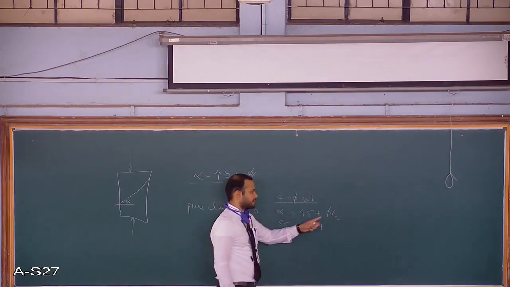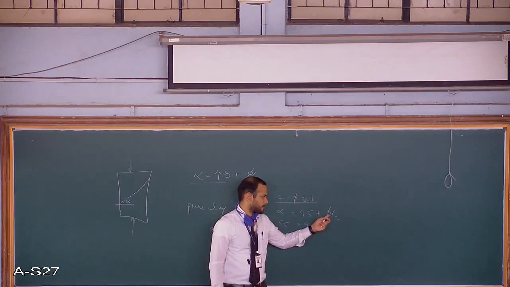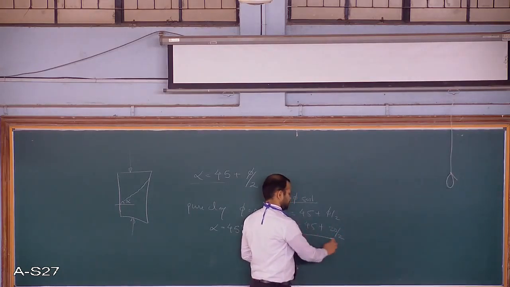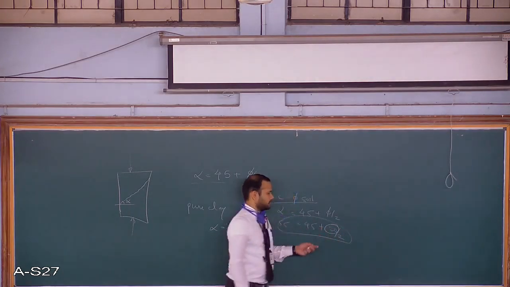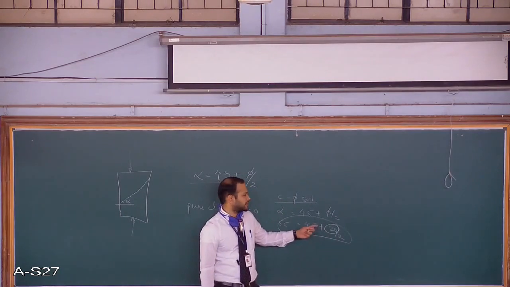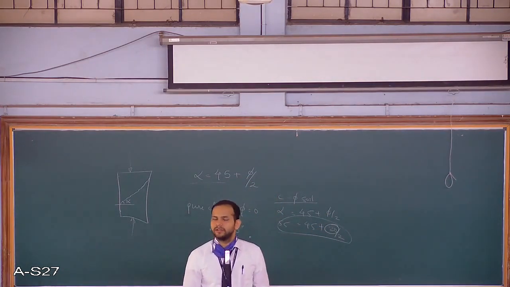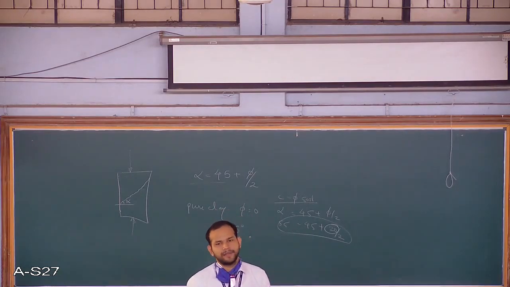So what should be phi? If my phi is 20, this equation is satisfied. That means my phi value is 20. You got this? So this is the basics of this test.